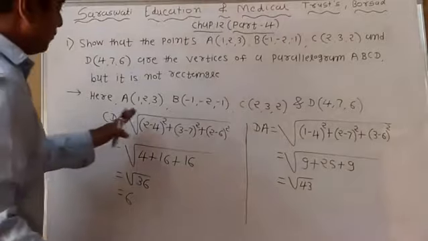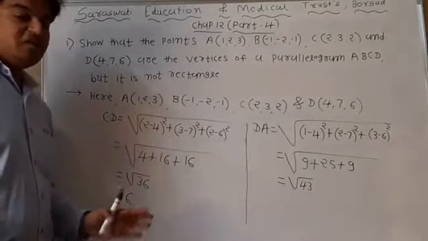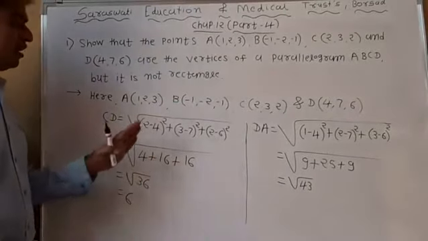So first we found AB, then BC, CD and DA. Here the opposite sides are equal.